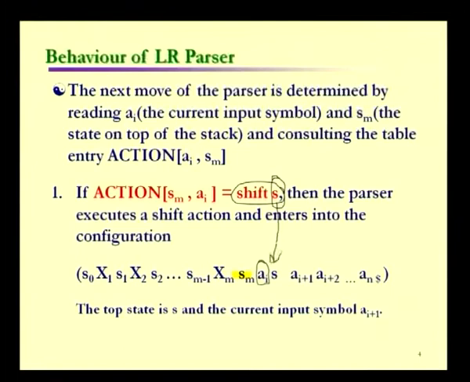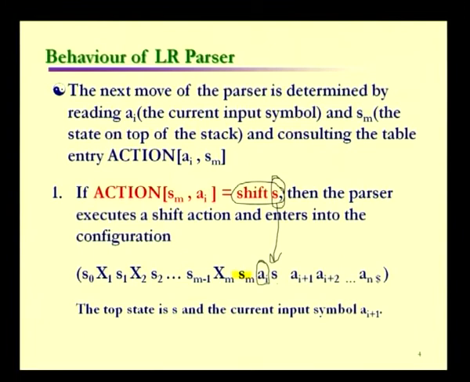So, if the action of sm comma ai equals shift s, then we shift the current input symbol from the input to the stack, giving us ai, and after that we push the state number s onto the top of the stack.